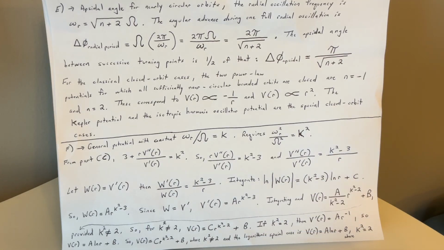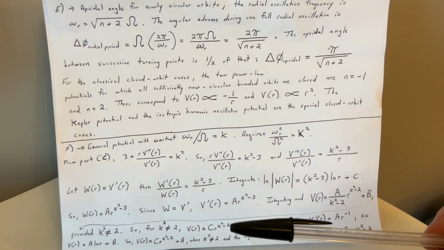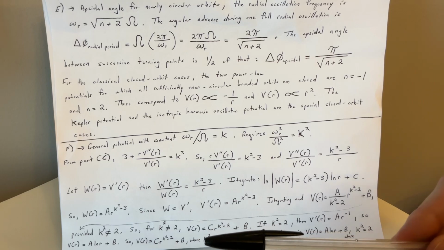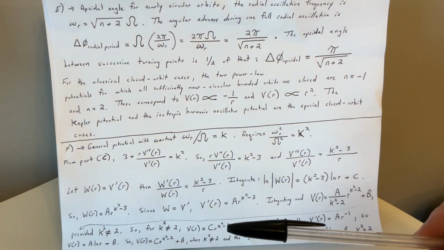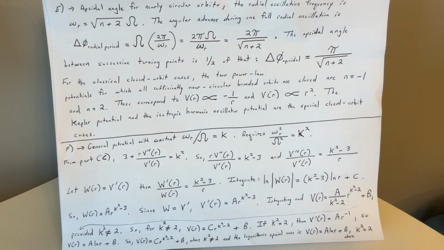So for k squared not equal to 2, V of r equals C r to the k squared minus 2 plus B. And if k squared equals 2, then V prime of r equals A r to the negative 1, so V of r is going to equal A ln r plus B. So V of r equals C r to the k squared minus 2 plus B, where k squared does not equal 2.